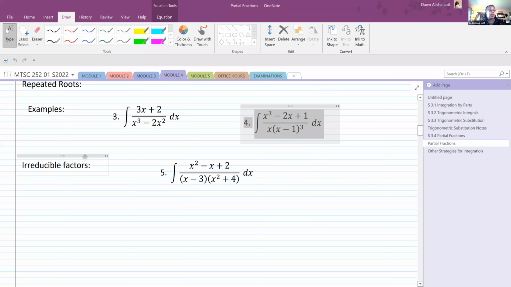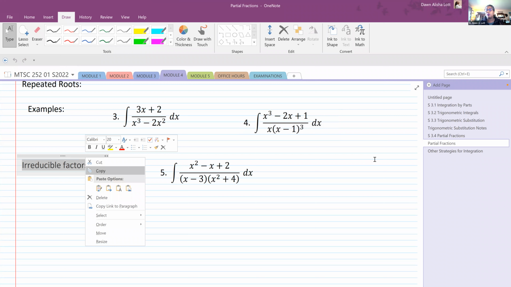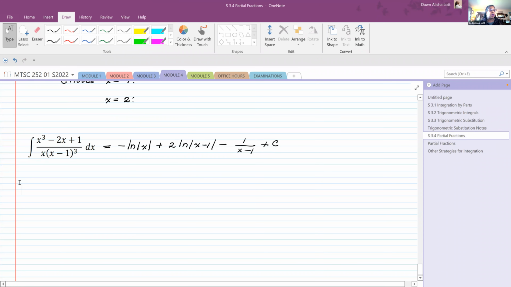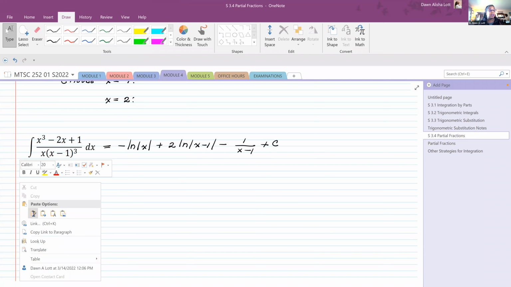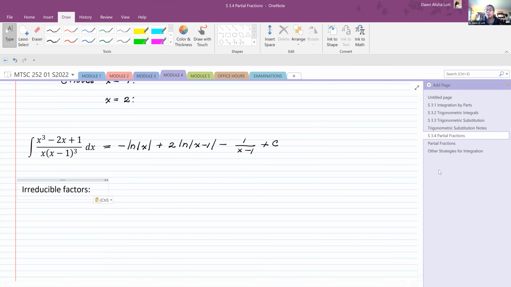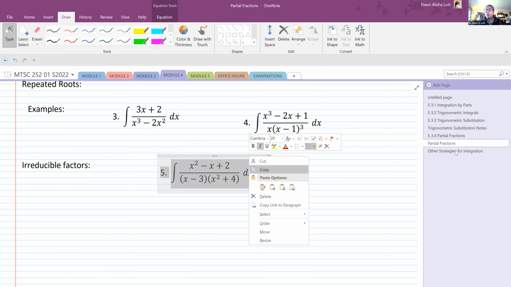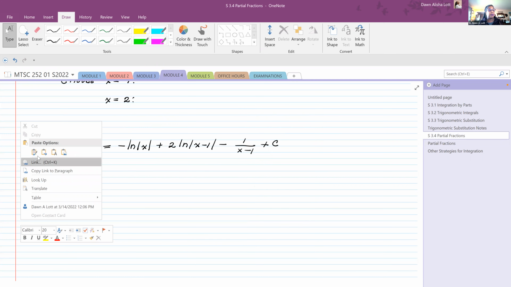Okay, so the only last thing to do on this is irreducible factors. And so irreducible factors, those are the most difficult ones. And that is because you have something that is a quadratic, but it does not factor. So here's an example of an irreducible factor. So what do I mean by that? So let's look at this example.